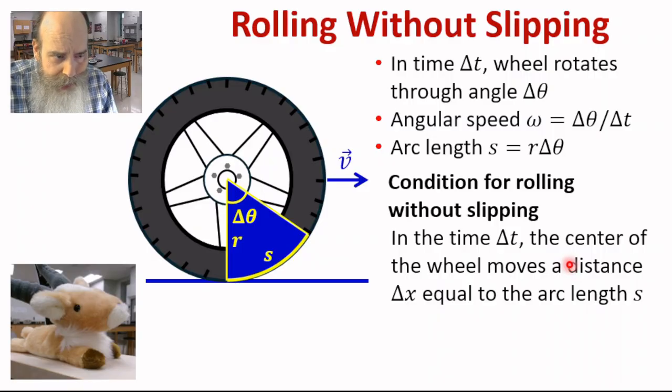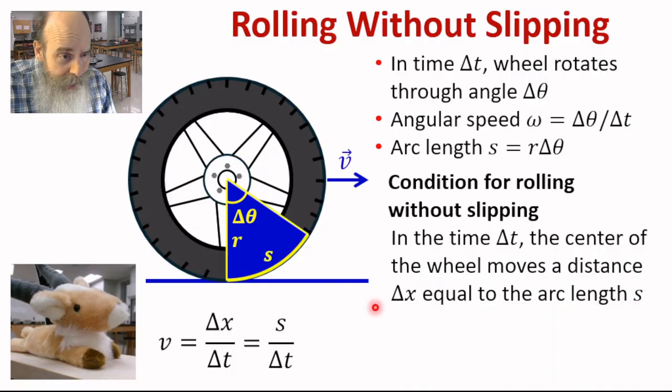Let's apply that condition. The velocity is delta x over delta t. But if it's rolling without slipping, delta x is equal to s, the arc length. So we can write the velocity as s over delta t. But look at this. s is r delta theta. So therefore, the velocity is r delta theta over delta t.